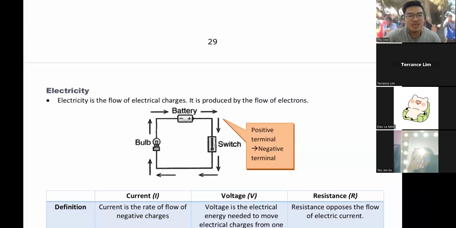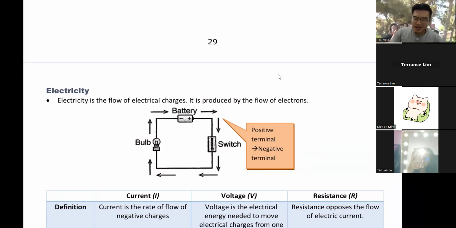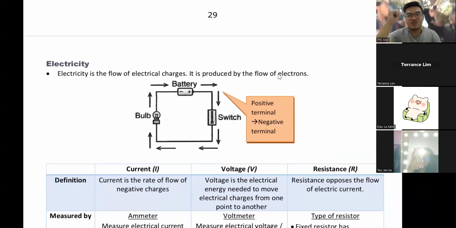Page 30. Shall we go to page 30? Page 30, you must leave, don't want electricity. Guys, I don't know about you, actually, electricity is quite simple. You think it's very difficult because you haven't met the right teacher.